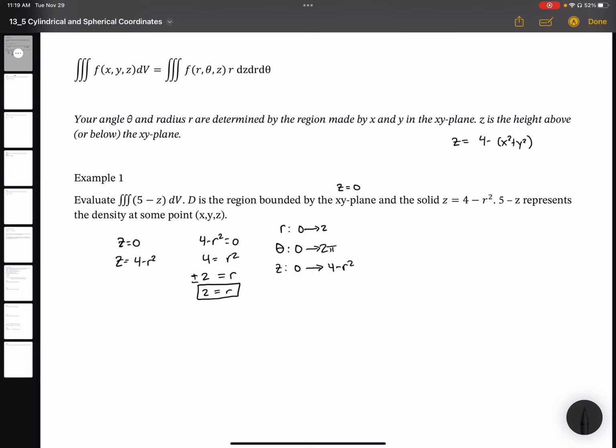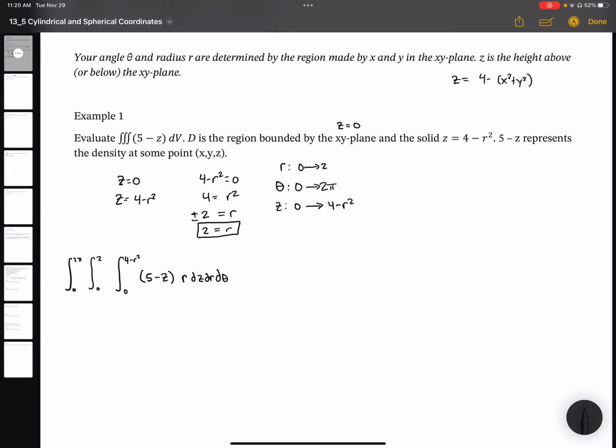So our triple integral is going to be the integral from 0 to 2 pi, from 0 to 2, and from 0 to 4 minus r squared, of 5 minus z, r dz dr d theta.